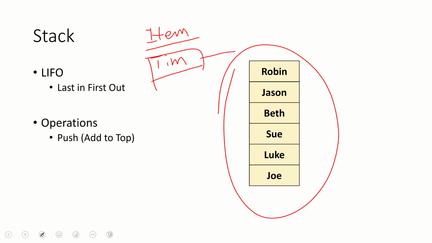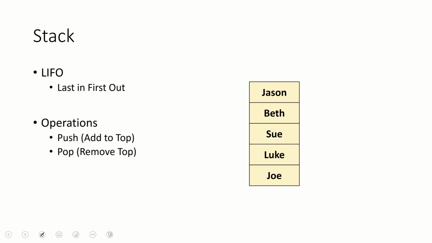So the push means we push this one on here. Another one we call the pop. The pop means we want to remove the top one. Currently the top one is Robin, right? If we pop, Robin will just come out.